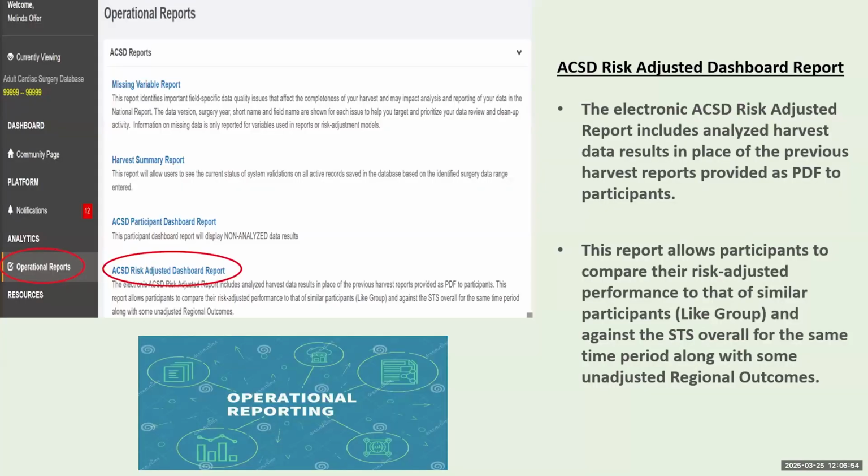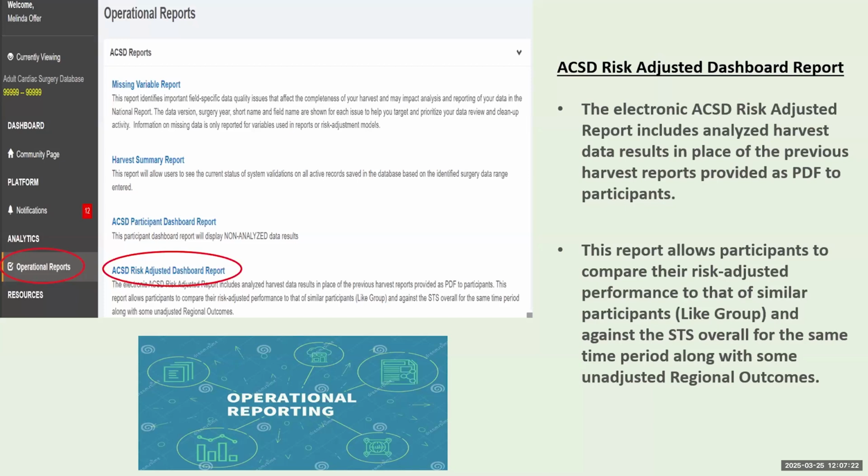So we're going to talk about the risk-adjusted dashboard first, because in the old days, we actually got a PDF. Our reports came out as a PDF, emailed to us, and you could print those off and carry them around. They were nice and handy, and we all liked them. But that was a lot of paper, a lot of printing.